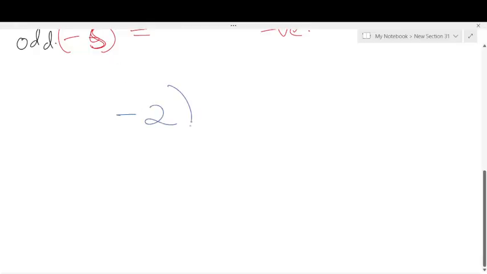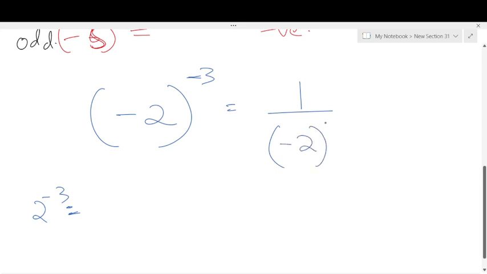Okay, now minus 2 to the power of minus 3. How will you solve this? We always check the indices first. Check the indices, then check the base. Is the index positive or negative? How will you make it positive? What did I tell you? First, you have to write 1 by. Minus 2 to the power of 3, everything remains same.